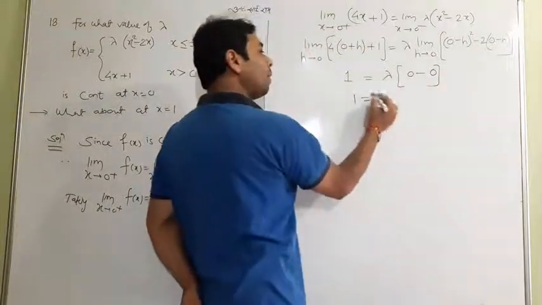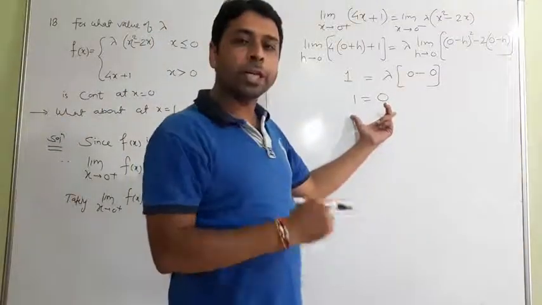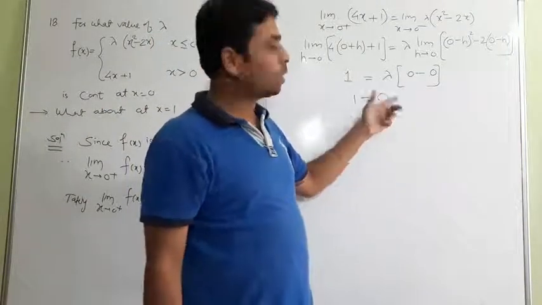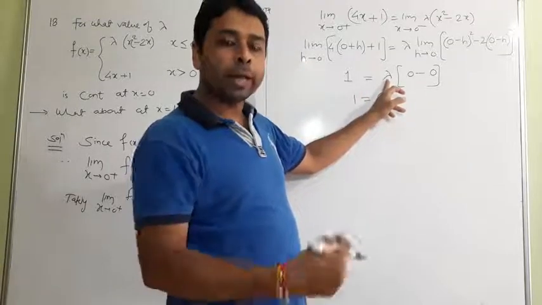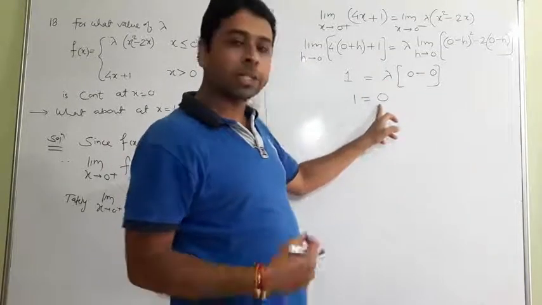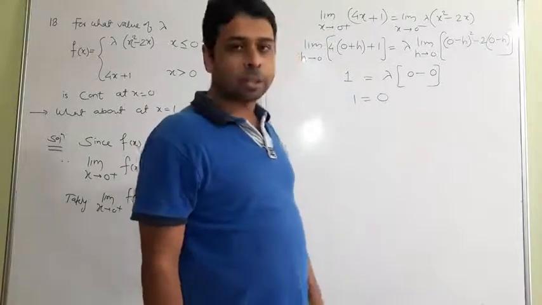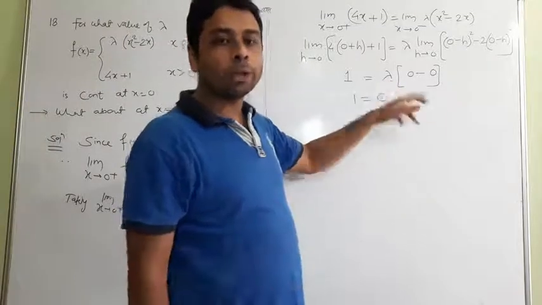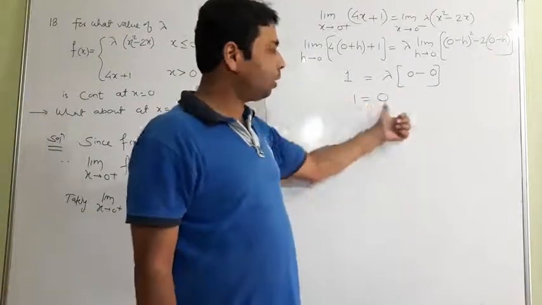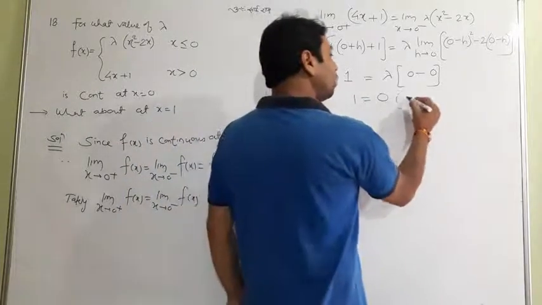So we get a condition which is actually completely nonsense, because in that case lambda actually eliminates itself, lambda is not equal to anything. So this is nonsense here. I would say that if you put any value of lambda, the function will never be continuous, because it is actually not coming equal for any value of lambda. This is actually a false condition.